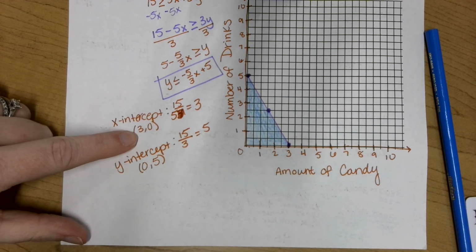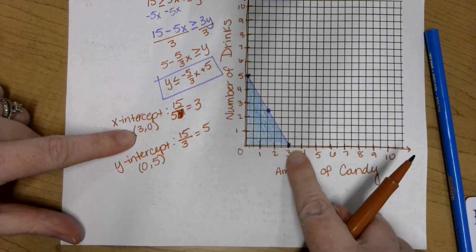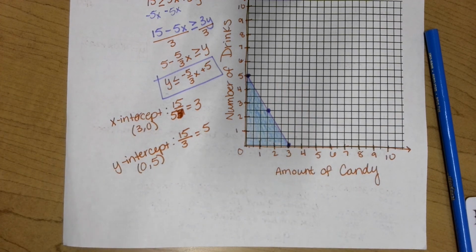All right, so it did say interpret or explain what each intercept means within the context of the problem. So my x-intercept is 3, 0. That means I'm buying 3 candy bars and no drinks. If I buy 3 packages of candy, I don't have any money left over for drinks.